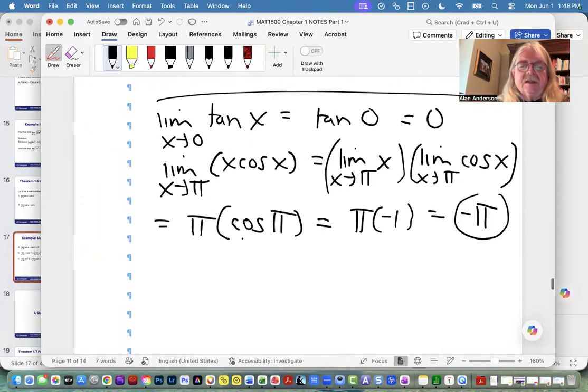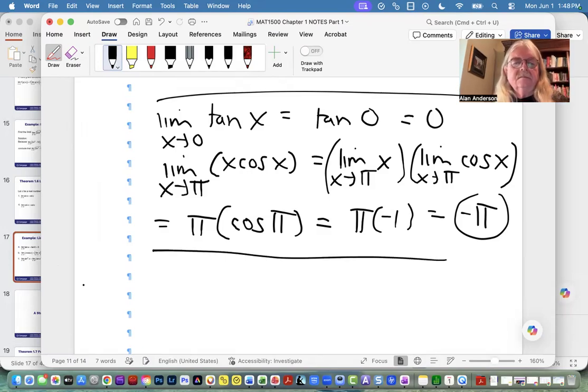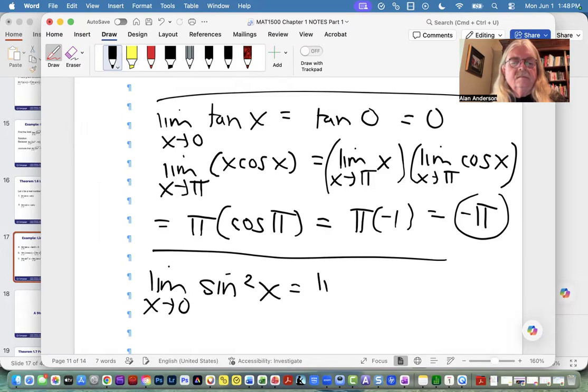And then the limit of sine squared x as x goes to 0, that is. If you want, you could write it like this.